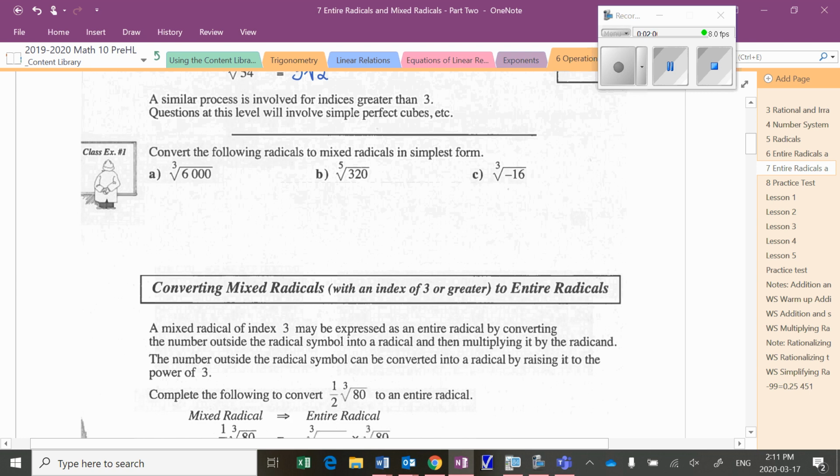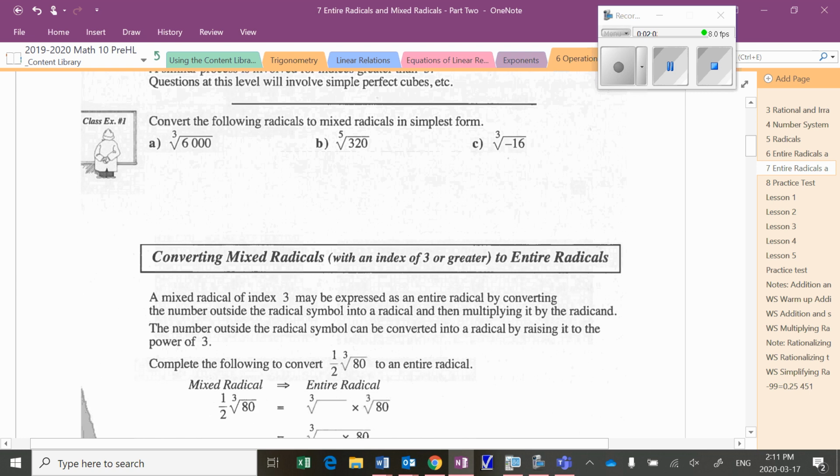Okay, so let's take a look at the cube root of 6,000 if we want to convert that into a mixed radical. Going through our list of perfect cubes, we can see that 1,000 is a perfect cube, so we can split that up as the cube root of 1,000 times the cube root of 6, and the cube root of 1,000 is 10, so we're simply talking about 10 cube root 6.